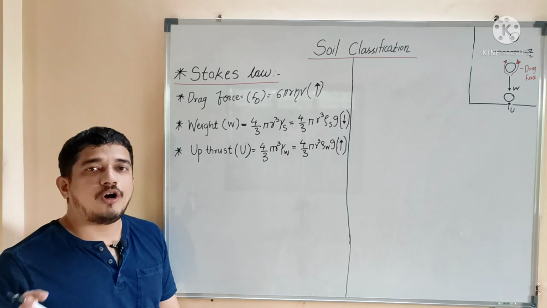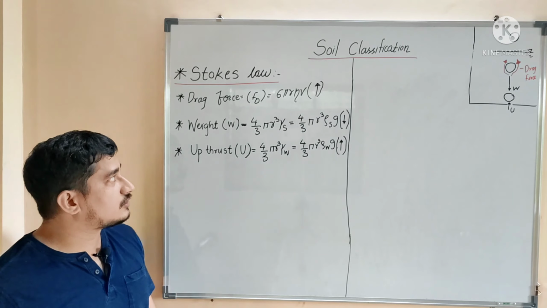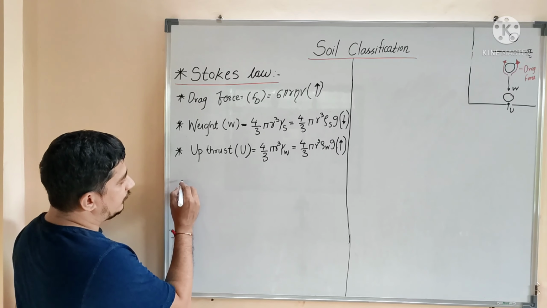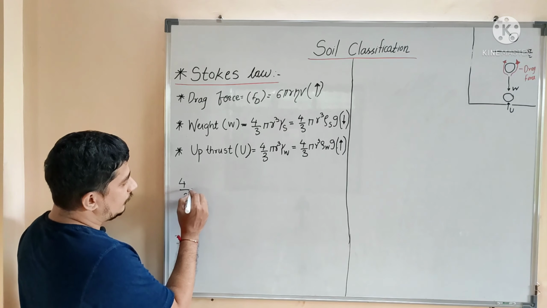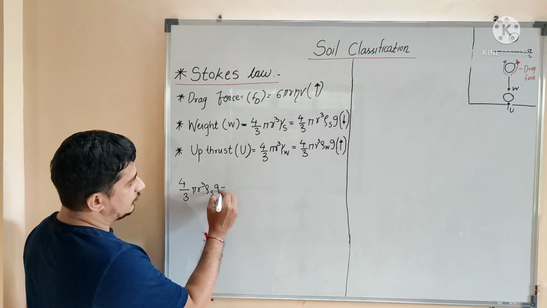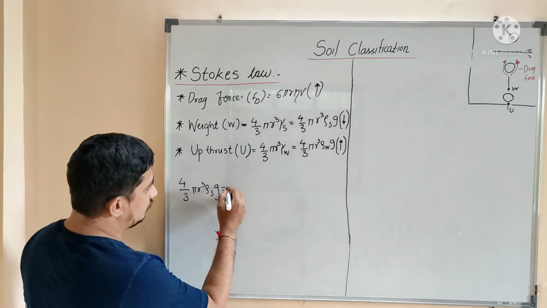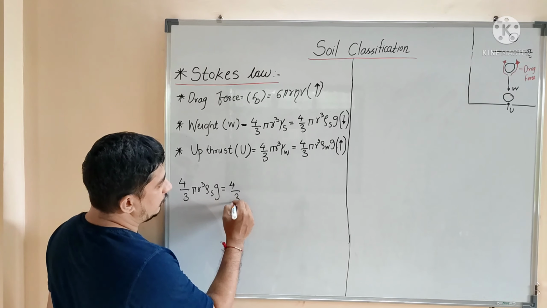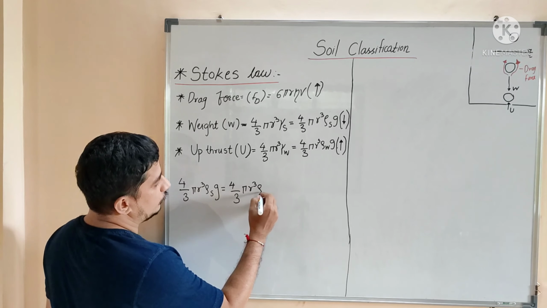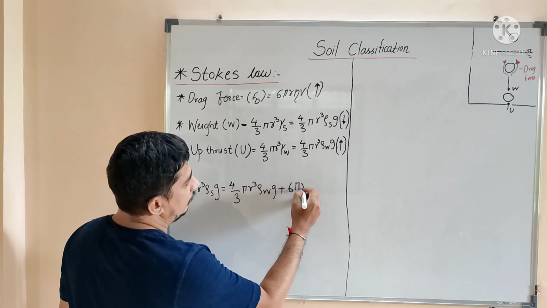So taking the sum of all these vertical forces and applying equilibrium conditions, weight is in downward direction, so it can be written as 4 by 3 into pi r cube into rho s into g is equal to the drag force, which is in upward direction, and the upthrust, which is also in upward direction: 4 by 3 pi r cube into rho w into g plus 6 pi r eta v.